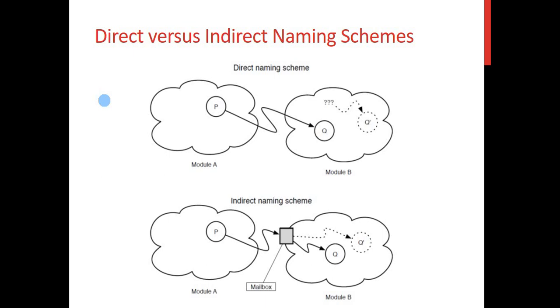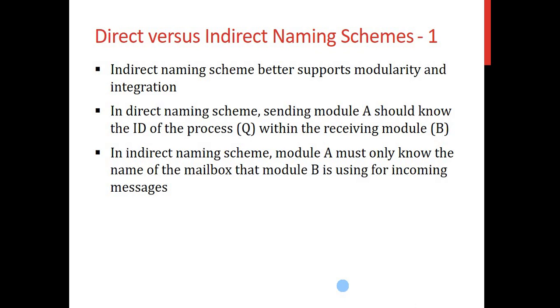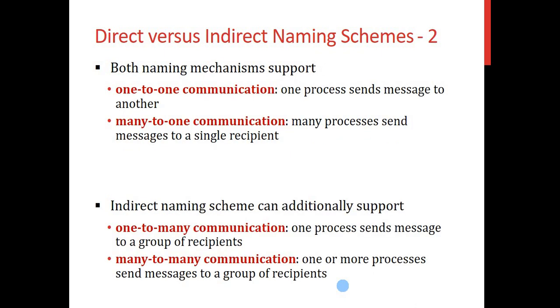In direct, you can see that one task, in this case task P, can directly send to task Q. But in the indirect naming mechanism, I will write to a generic mailbox, and this mailbox can be accessed by multiple tasks, so everybody can read from it.